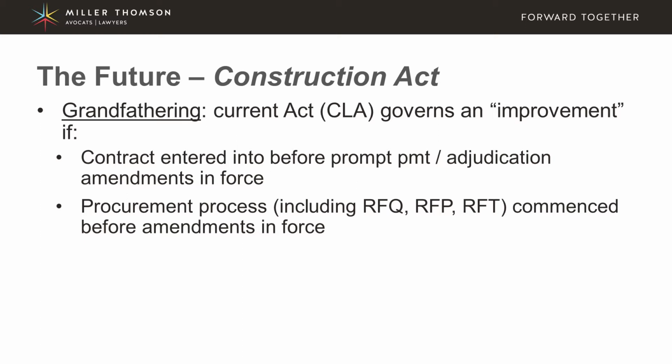This is important to bear in mind because some of these amendments, especially the amendments that take place on October 1st, 2019, are very significant. So if an owner wants to sort of beat those amendments, then you want to make sure you enter into a contract before that October 1st date or commence the procurement process so that you don't have to worry about these adjudication and prompt payment amendments.